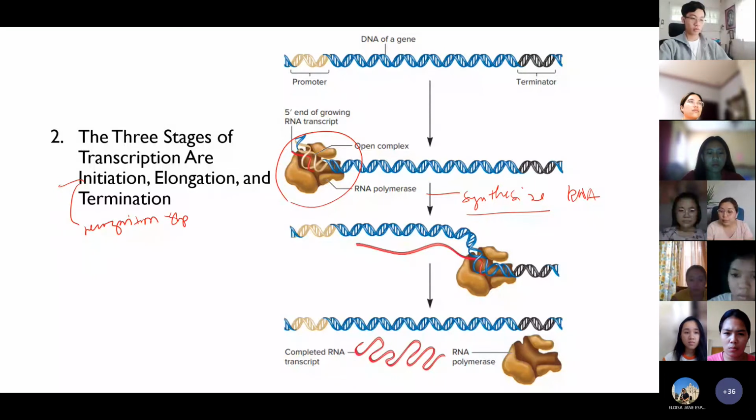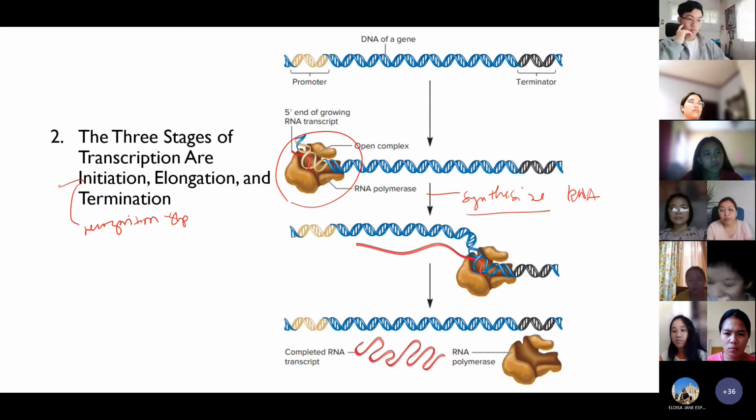So it would look like this. You have your RNA polymerase, which will start the process in the recognition step by binding of the transcription factor to the promoter to identify the start of the transcription process.